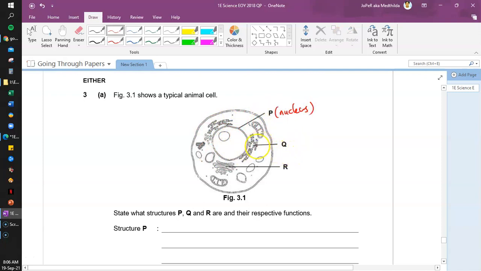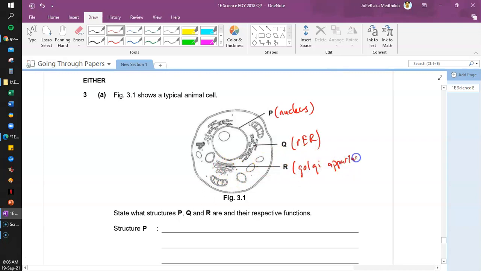Q is this one over here. You can see the black dots here. These are the ribosomes on the endoplasmic reticulum, and hence this is the RER, rough endoplasmic reticulum. This one is a wavy structure, so this is actually the Golgi apparatus.